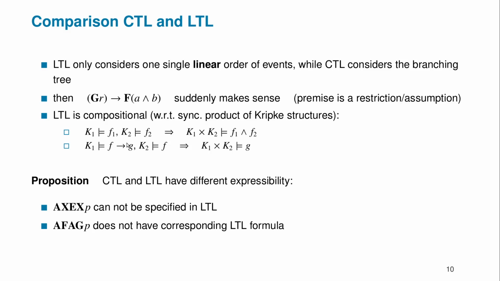And now we can do some kind of modus ponens, and in the synchronous product, it follows that G holds, because F holds in K2, and in K1 it holds that F implies G, and so if we combine them by conjunction, then this allows us to derive G, and therefore G has to hold in the synchronous product of the two Kripke structures.